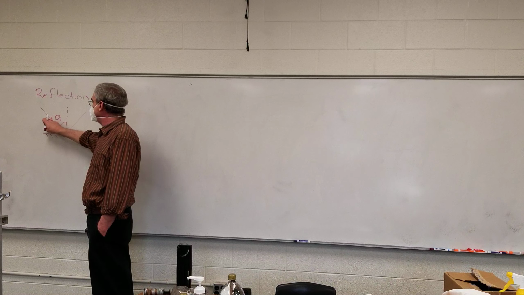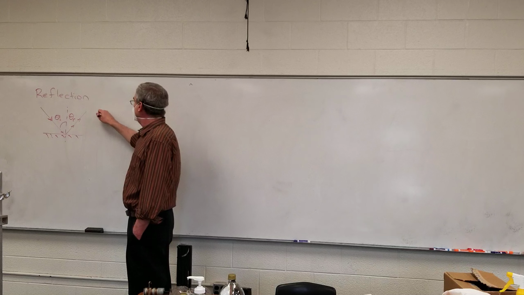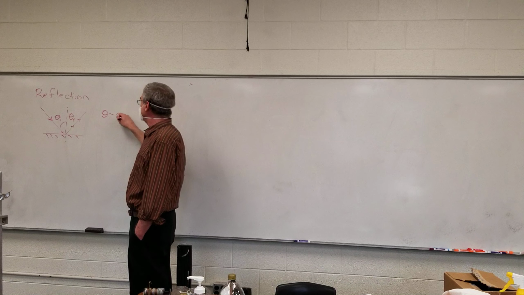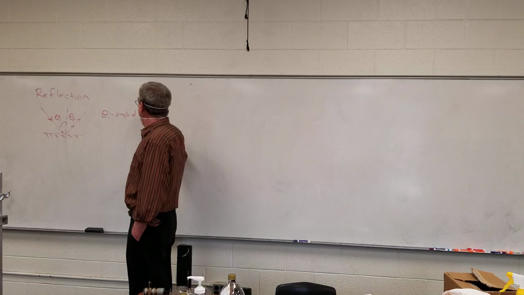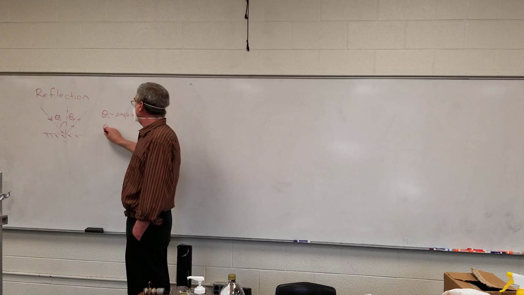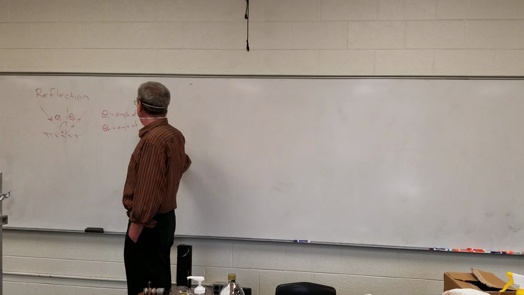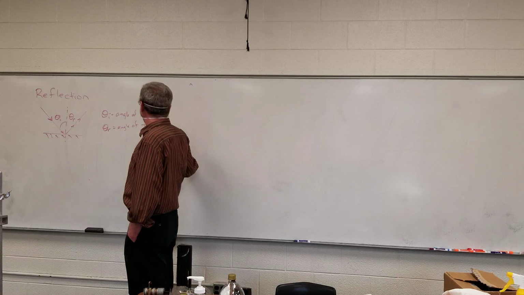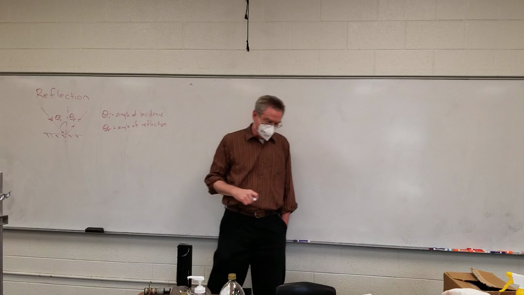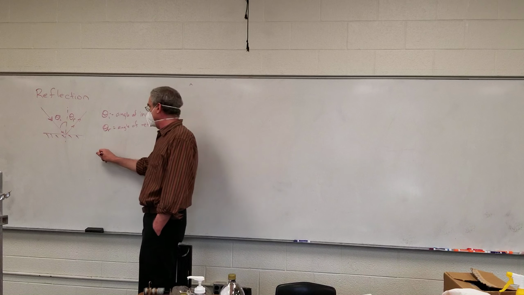And so if light is coming in this way, this would be the angle of incidence. That's supposed to be an arrow there. And then it bounces off with the angle of reflection. So theta I, angle of incidence, theta R, angle of reflection. And one of those nice little principles is the fact that the angle of incidence should equal the angle of reflection.